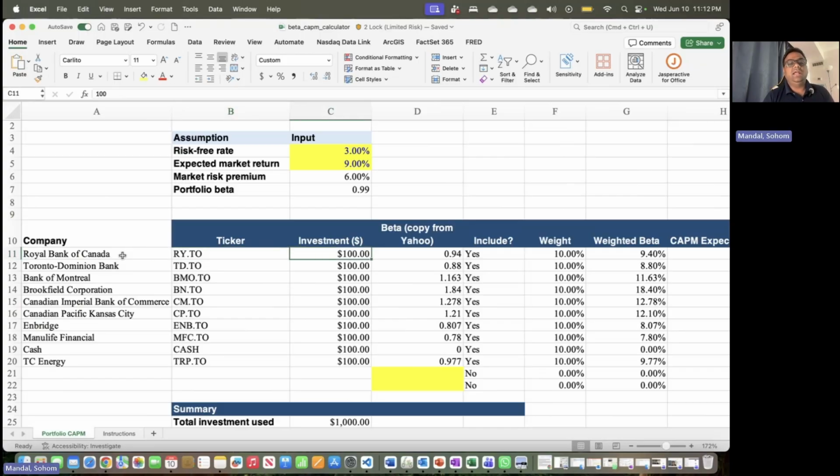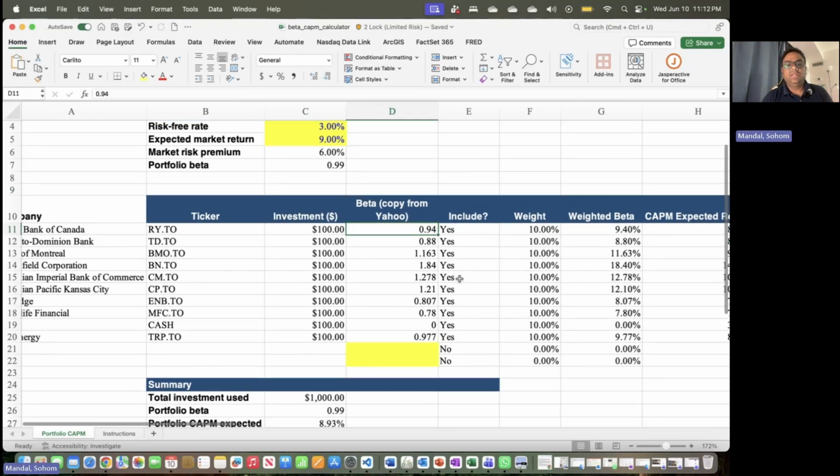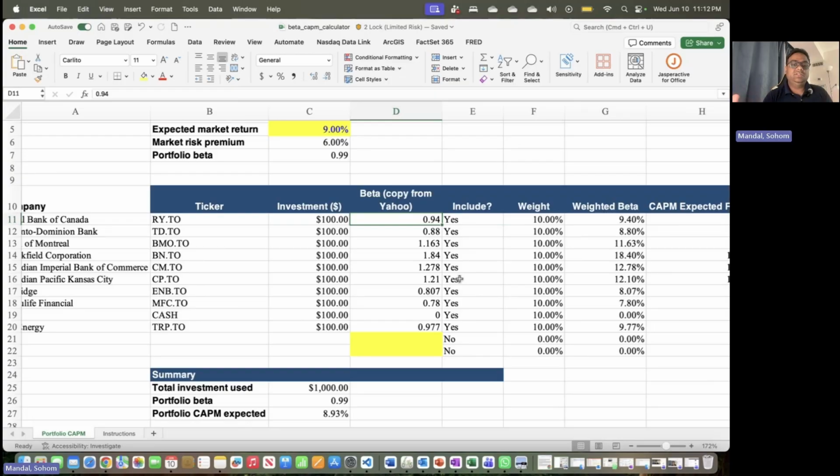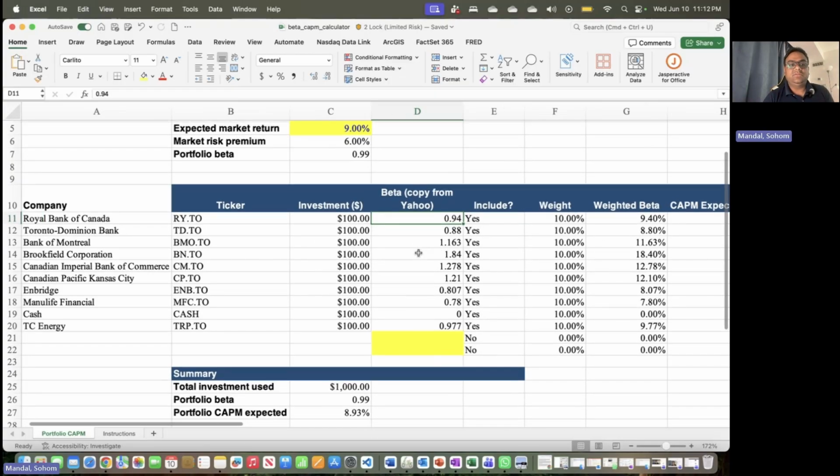At the beginning, let's think that we have $1,000 and we keep $100 in each of these. And these betas I showed you before from Yahoo Finance, you can copy and paste them here. Obviously, these betas change with time, so you have to remember that. This beta could change tomorrow, it doesn't matter; at the moment I picked it up, it was like that.